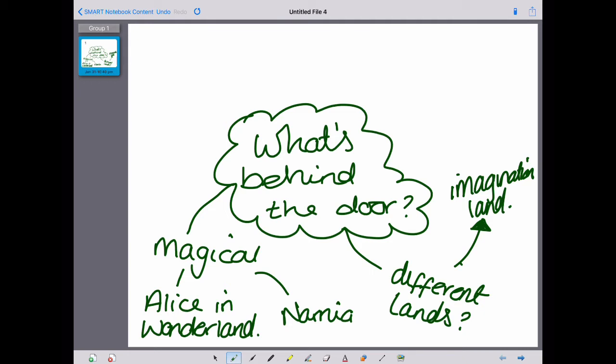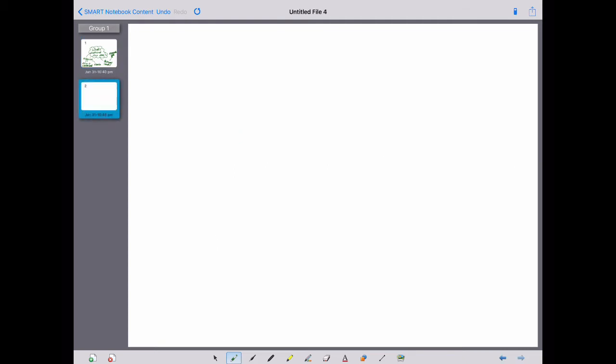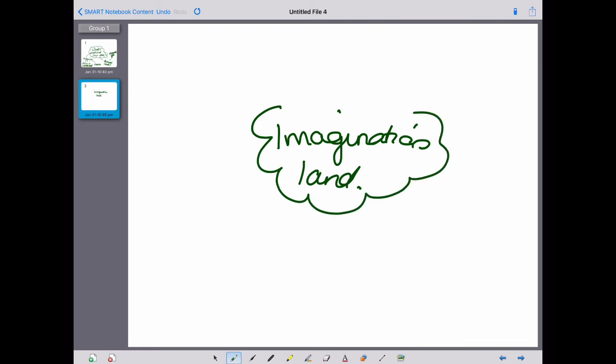Okay, but what I would do is mind map lots of different places that it could be, decide on what you want, and then decide what that's going to look like. So I'm going to go with Imagination Land. And as I say, that could literally take me anywhere.